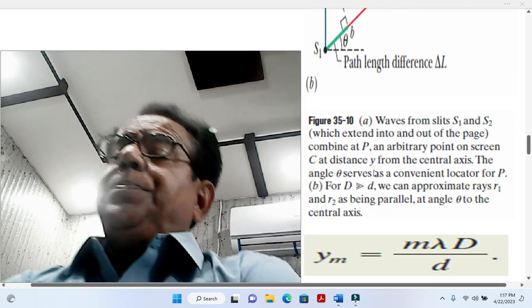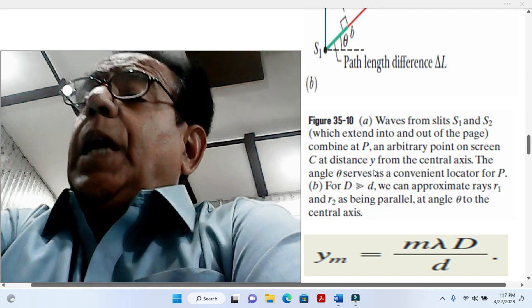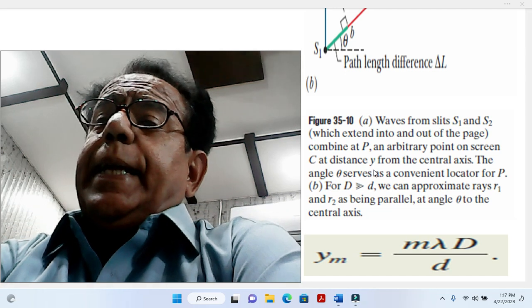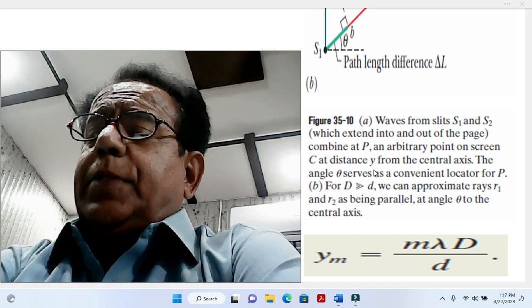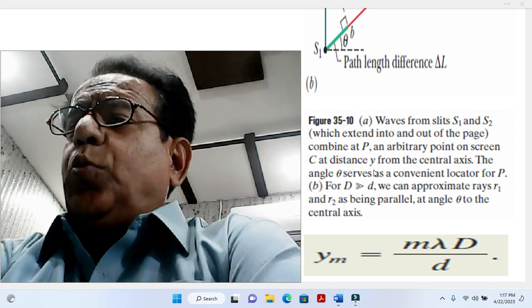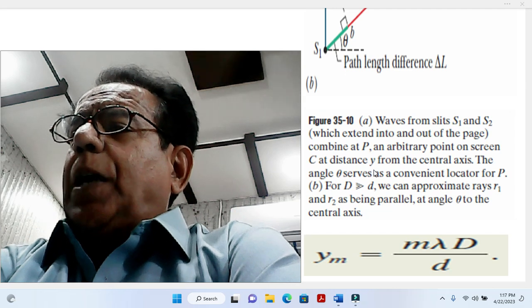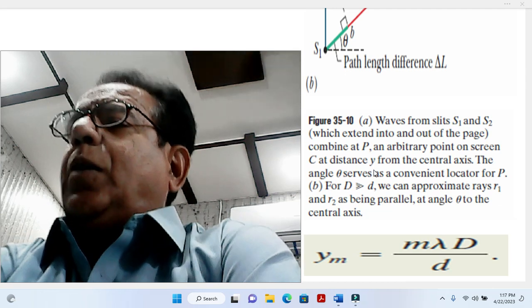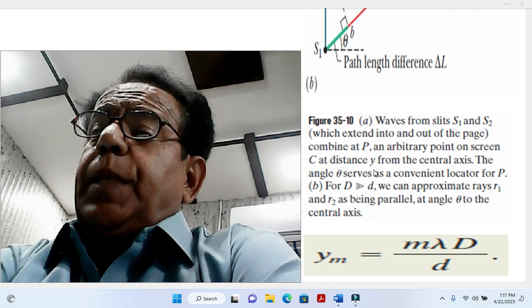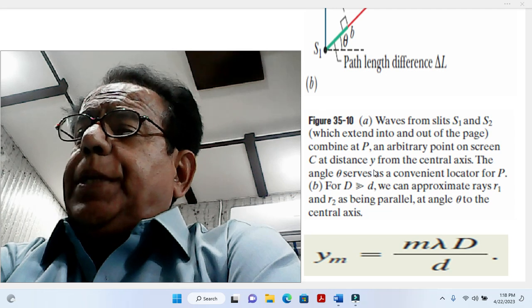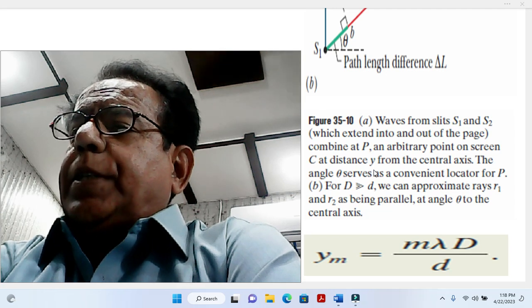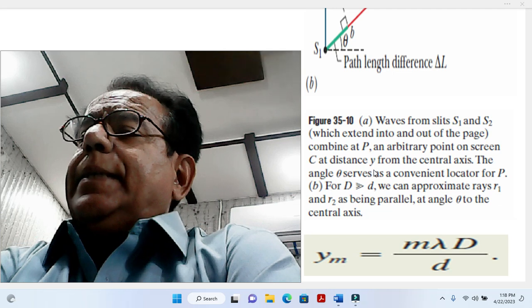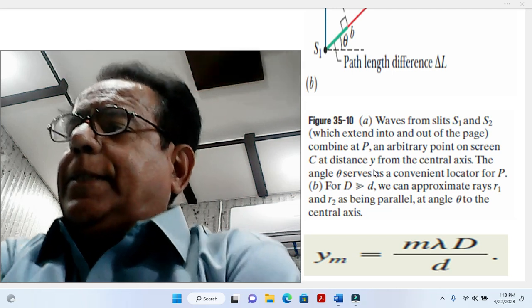Now here, about the figure, detail is given in words. Waves from slits S1 and S2, which extend into and out of the page, combine at point P, an arbitrary point on screen C, at distance D from the central axis.